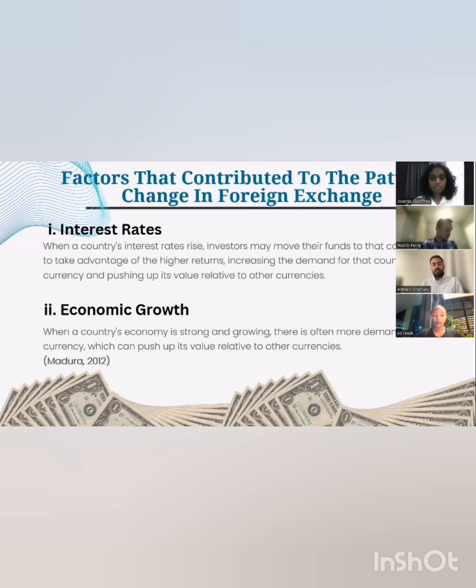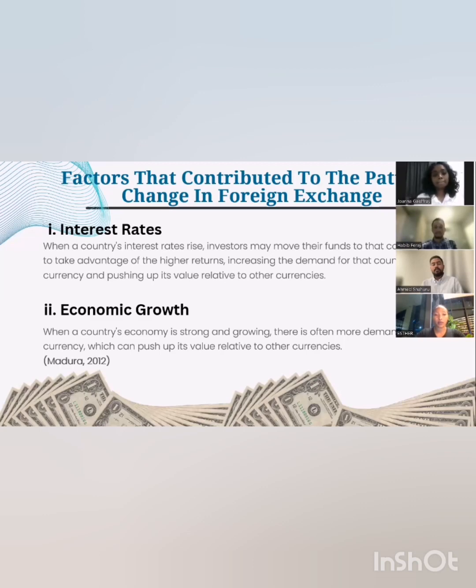Okay, the second factor that influences the pattern of the exchange rates is economic growth. The economic growth of the country, as well as its strength, can impact the foreign exchange rates. When the country's economy is strong and growing, there is often more demand for its currency in purchasing of goods.